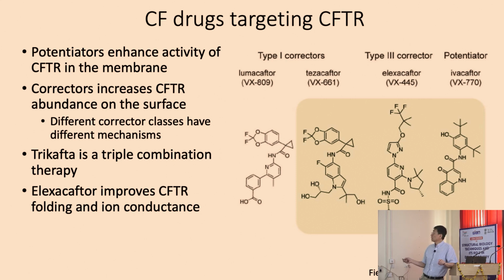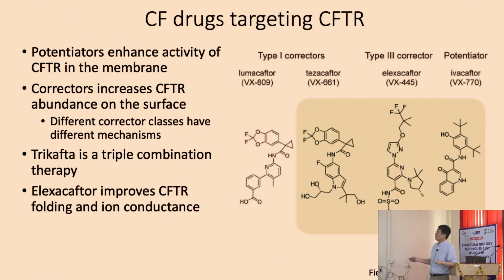Since then, many new compounds have been developed, classified as potentiators. For CFTR that does get to the membrane but has reduced activity, the potentiators can restore more of the wild type activity. And since then, correctors have been found as well, and they help the trafficking of the CFTR onto the cell surface.